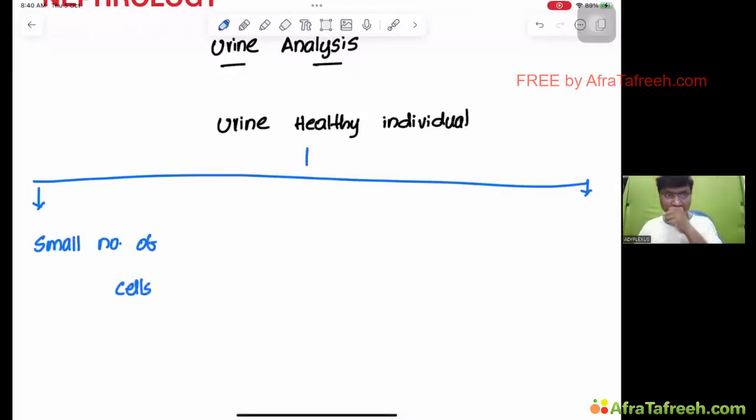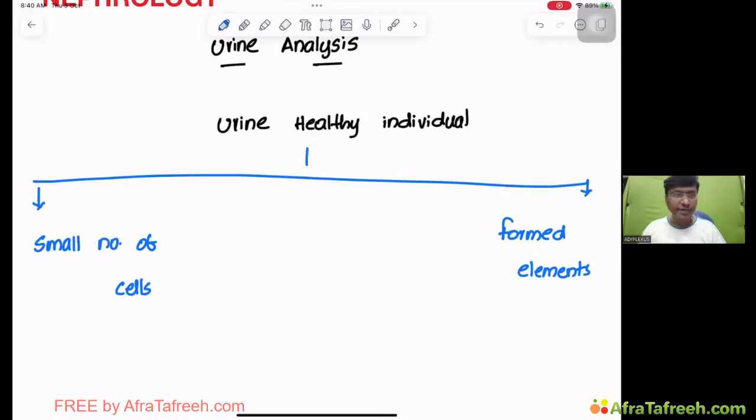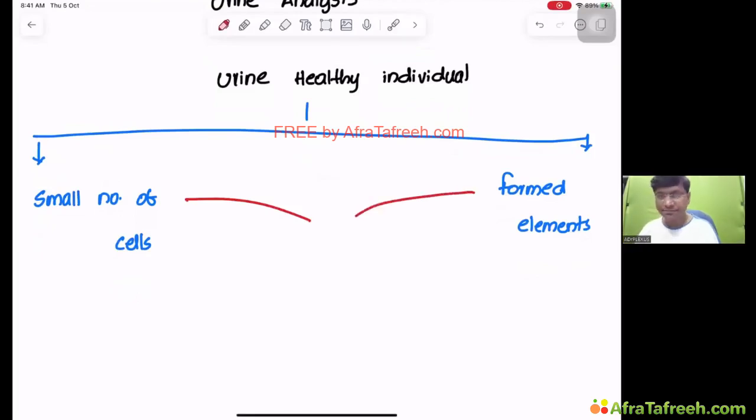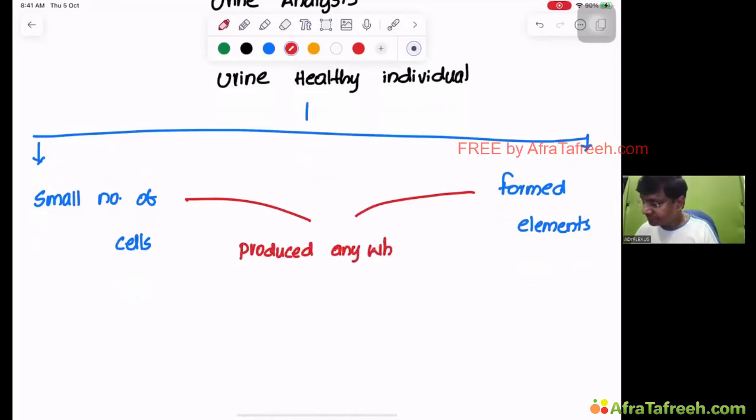Along with that, you have some formed elements in the urinary sample, and this small number of cells, or the formed elements, can be present anywhere or can be produced anywhere in the genitourinary tract.